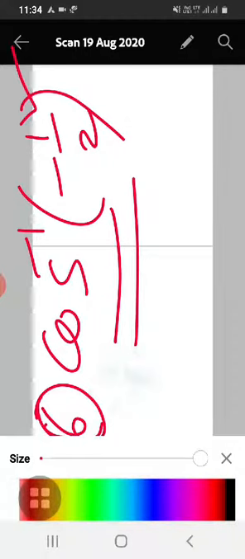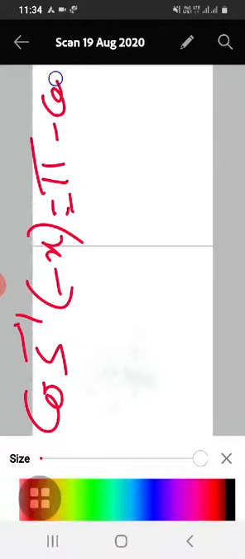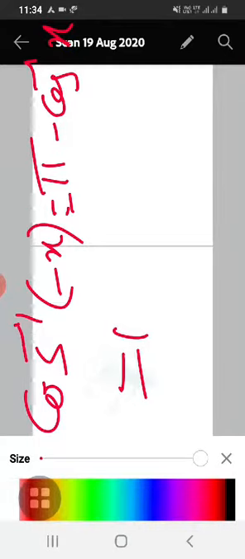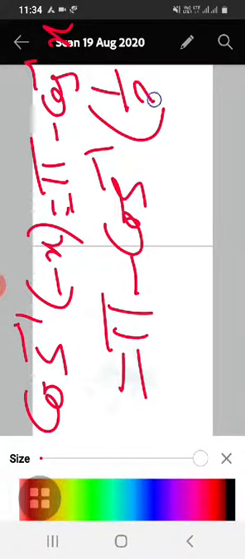So minus is given, so once again I will use the property. What is the property? We have proved it in our previous class: cos inverse of minus x is equal to pi minus cos inverse x. What was x? x was half. This is very important: don't write minus here, instead of x I have only half.